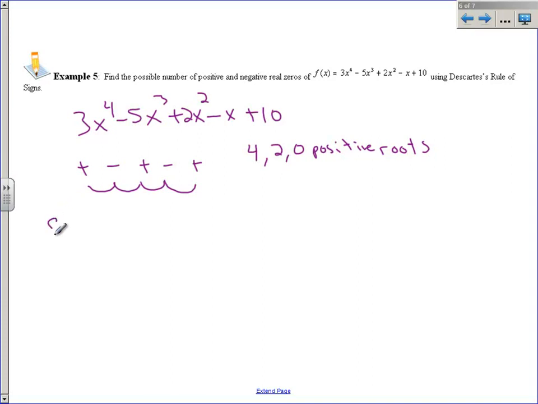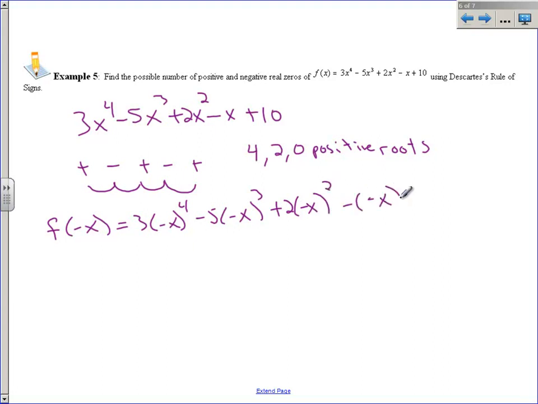Now the next thing we need to do is look at f of negative x. And that means replace all your x's with negative x. And then we'll clean it up. Okay, so let's see here. Negative x to the 4th. Well, a negative to the 4th power makes it positive.